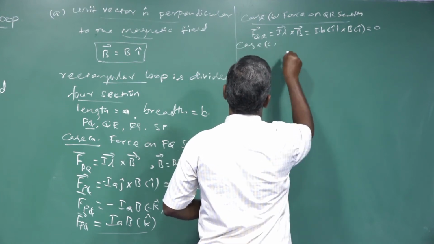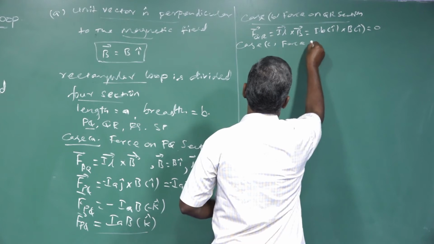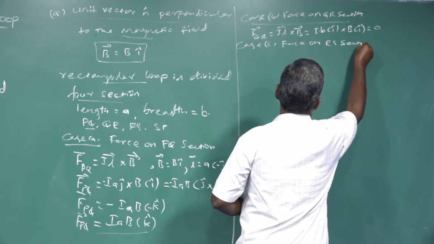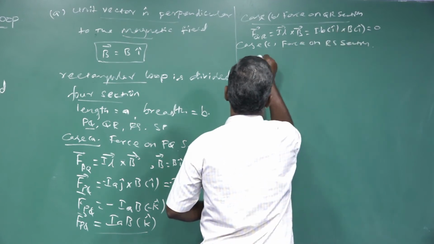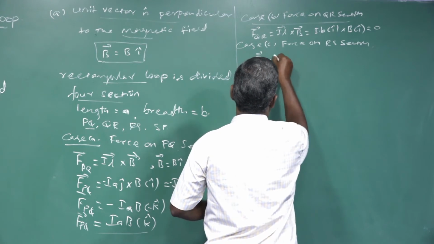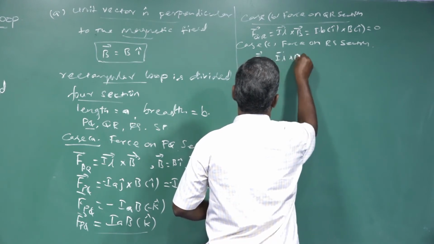Next, case C: force on the RS section. The general formula is F RS vector equals I L vector cross B vector.